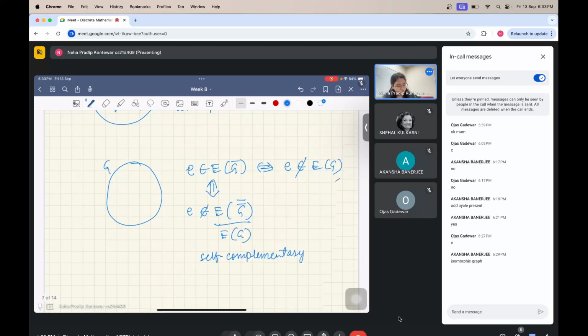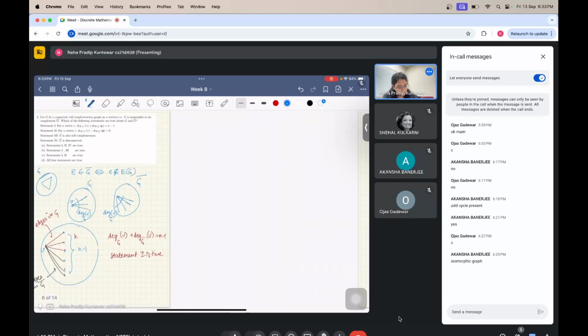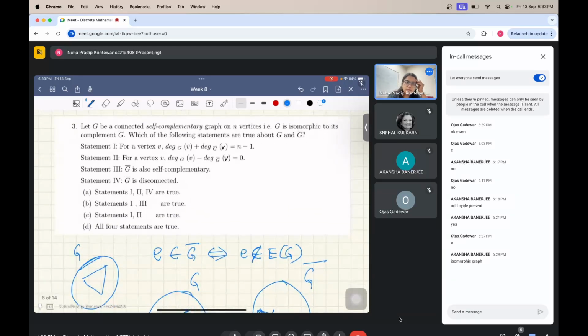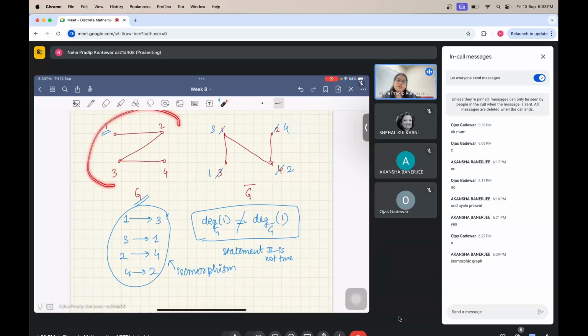So 3 is true. What about the statement 4? So is it true that G bar is disconnected? No, ma'am. It is false. Right. So this is a clear counter example. The same example that we used. Here you have that G is connected.